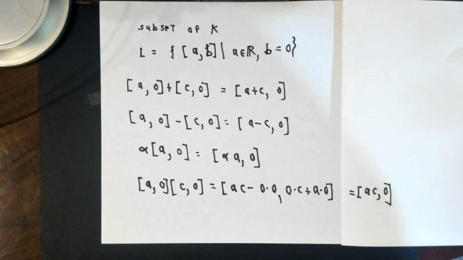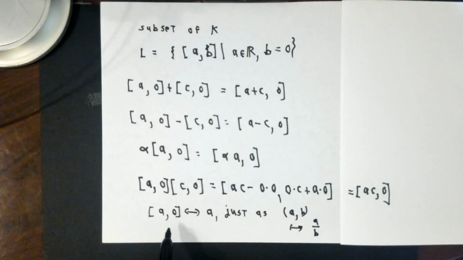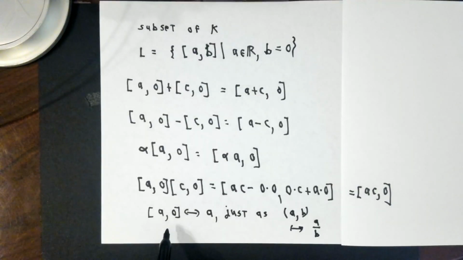So just like back in set F, we're going to have a mental equivalence here. Anytime I have something out of L, since I know the second number is 0, I'm going to associate that with the actual honest-to-goodness real number A.